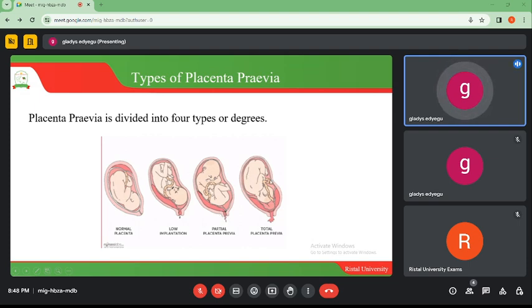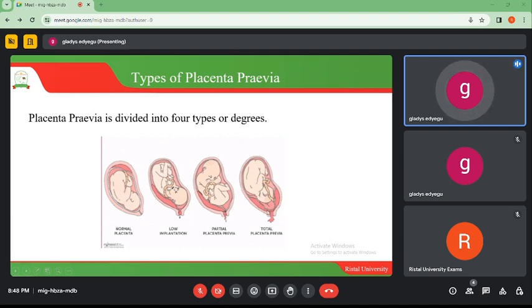Then this other one, the last diagram, you look at it very critically and you realize that the placenta has totally covered the cervix and the baby is lying on top of it. And this one is very dangerous. We don't even risk this mother to labor because she can easily bleed and there is nowhere the baby is going to pass because it has completely obstructed the cervix.